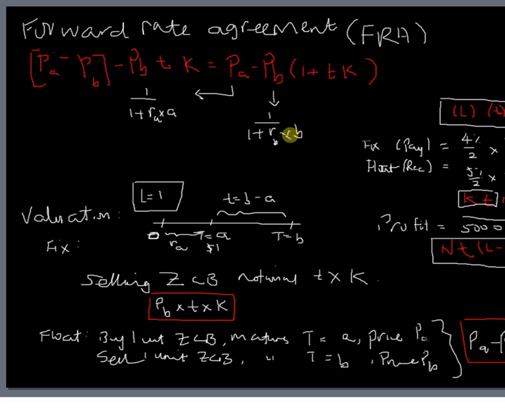Similarly for B, we can express this as 1 over 1 plus RB multiplied by B. If you put these values inside, it should become a more familiar formula.